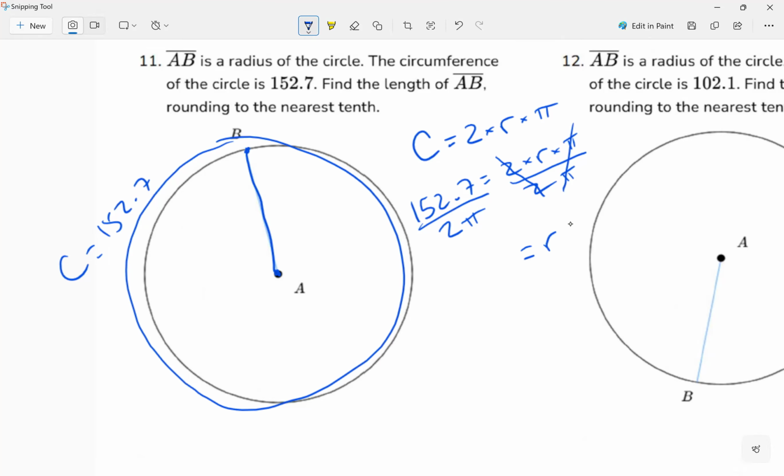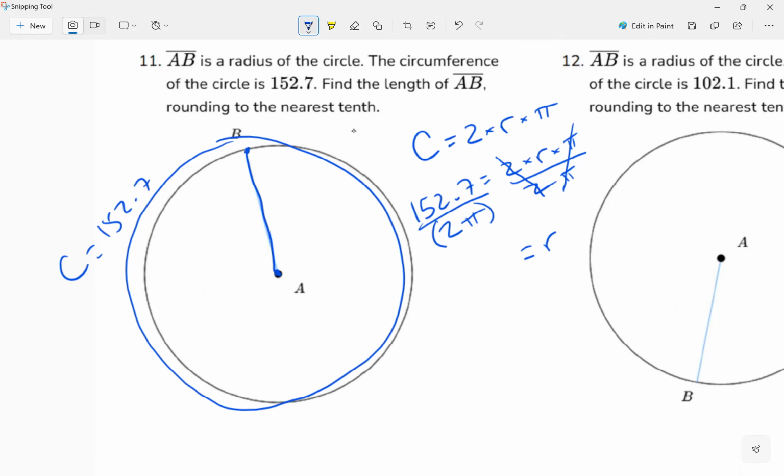So that's easy. Now on my calculator, I'm going to go 152.7 over, so as a fraction, I'm going to divide this by 2 times pi. Now, if you're able to type it as a fraction, go for it. If you're going to be using calculators from your phone or somewhere else, put the bottom inside parentheses.